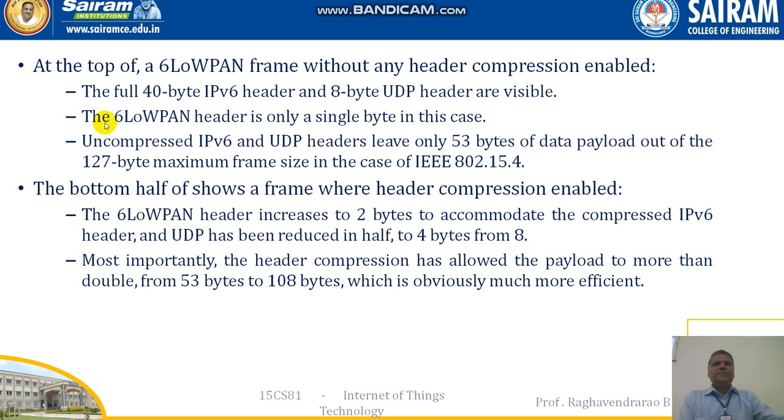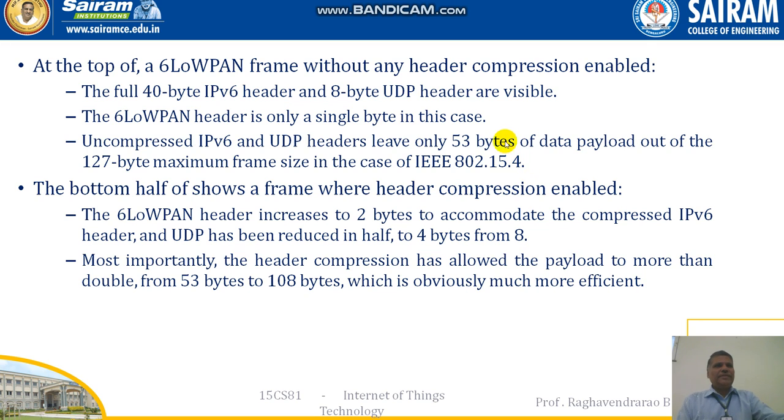In the upper part, the 6LoWPAN header is only a single byte, but in the second one it is 2 bytes. With the uncompressed IPv6 and UDP headers, there are only 53 bytes of data payload out of the 127-byte frame size of 802.15.4.